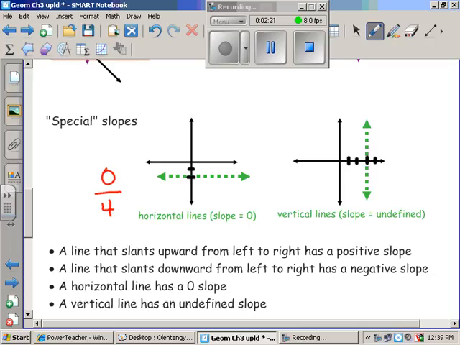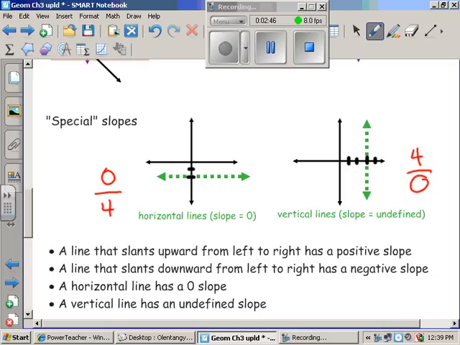Same thing with vertical. That is a number over 0. The x's don't change. So that means that the rise is going up 4, but it's not going over at all. So since dividing by 0 is undefined, that makes the slope of a vertical line undefined.